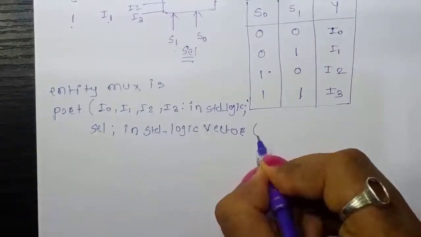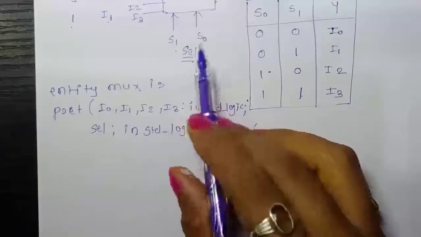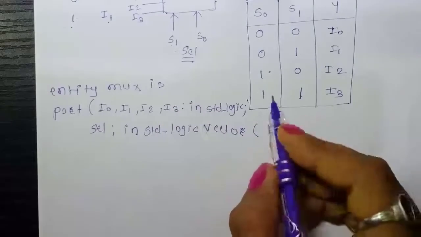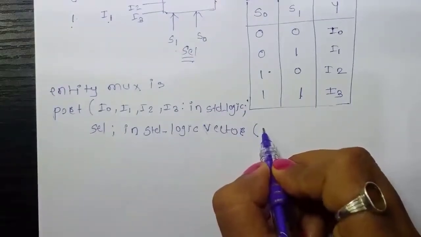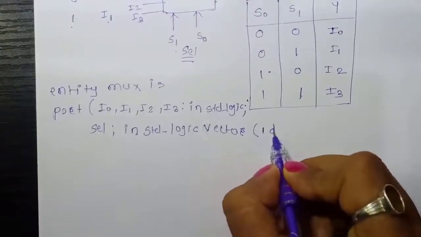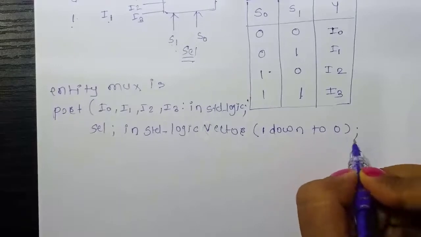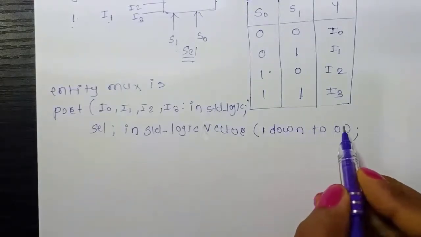Within the vector we have to write how many bits we have. 2 bits, because S0 and S1 are 2-bit data. So 2 bits means 1 down to 0. You can also write 1 down to 0 as 0 to 1.